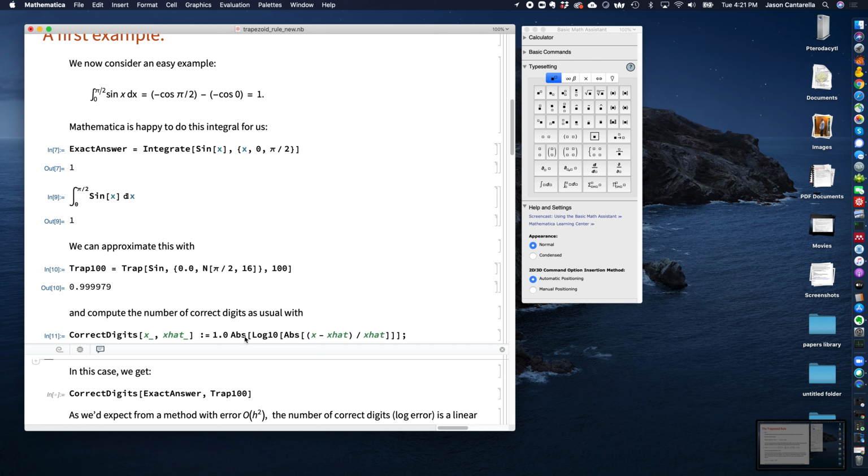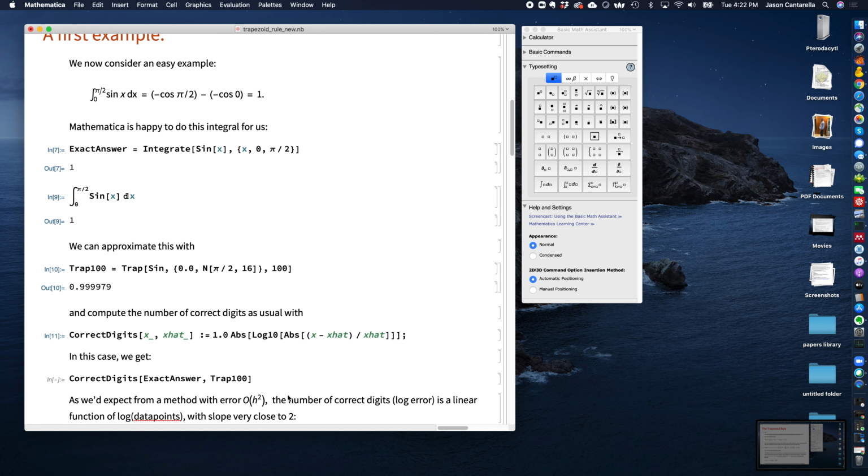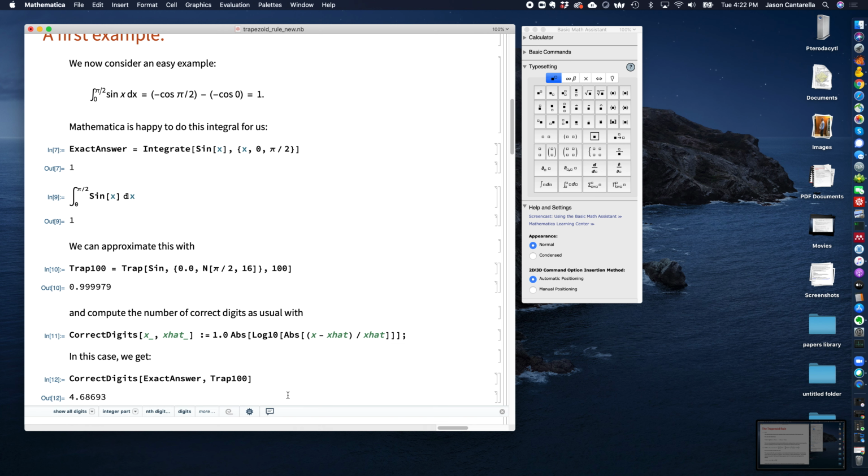We're going to take the absolute value to make it a count of digits, and then multiply by 1.0 to get a numerical answer. So for instance, we see we're supposed to have 4.68 correct digits in this trap 100. And here are the 4 digits, and then the 7 is pretty close to the 9.